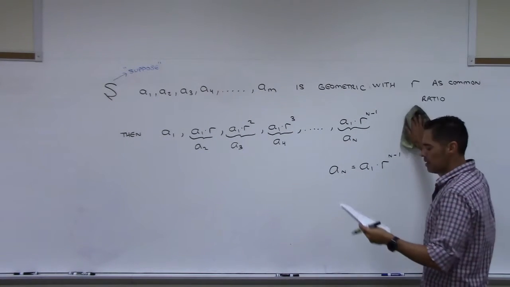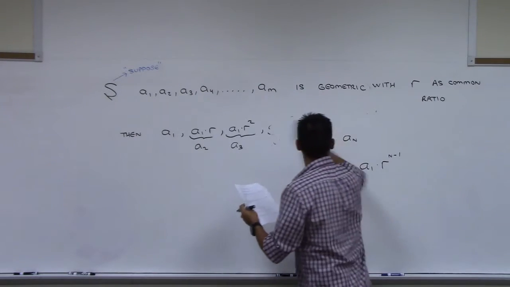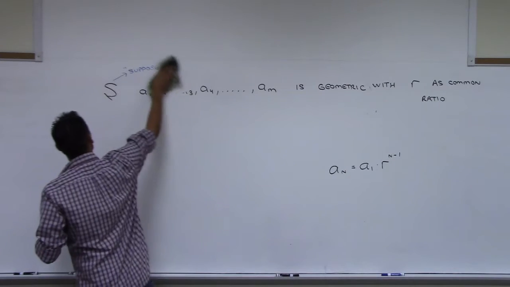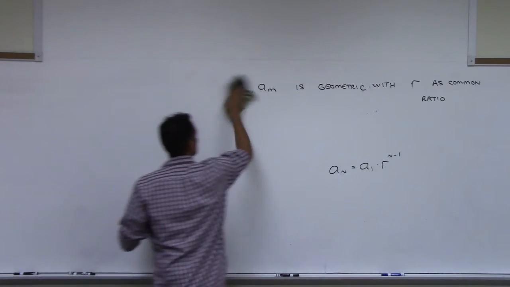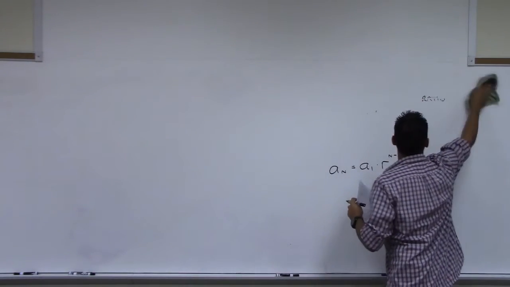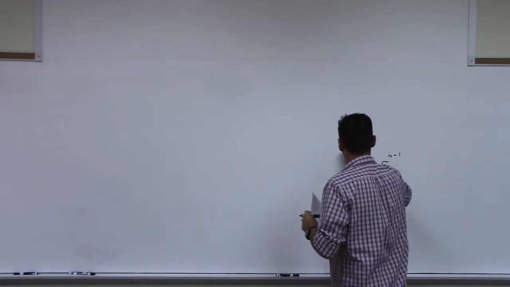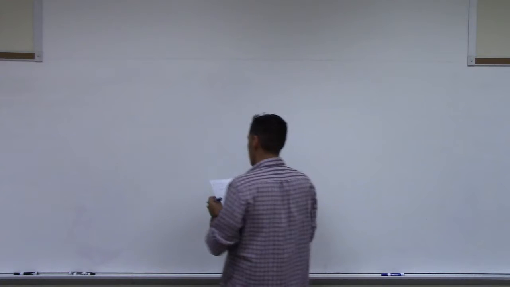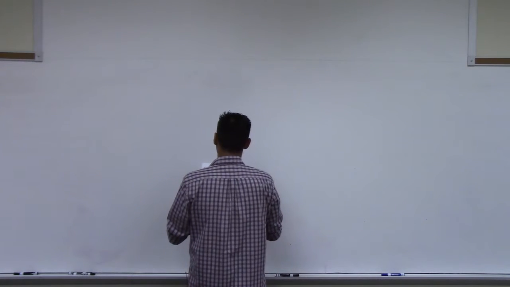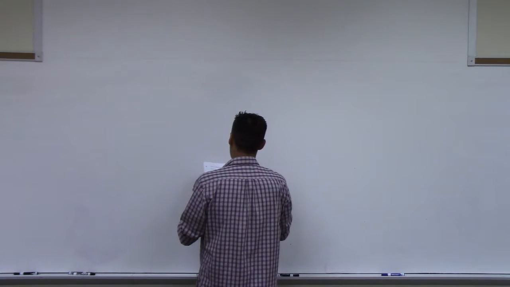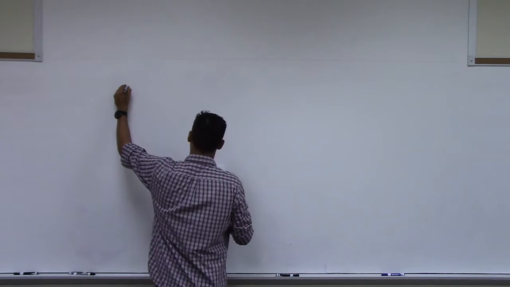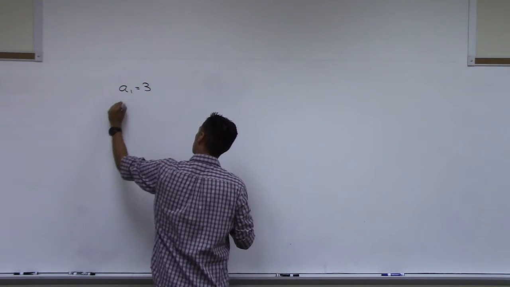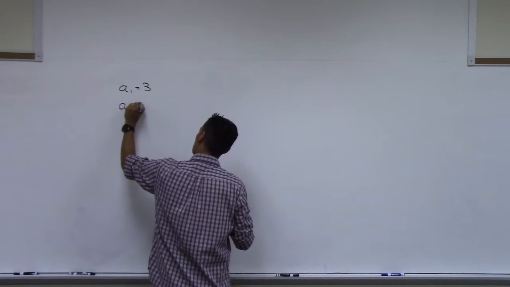All right, let's see how we can use this. Part A says, if the first and 10th terms of an arithmetic sequence are 3 and 30 respectively, they're telling us that a sub 1 is 3 and a sub 10 is 30.